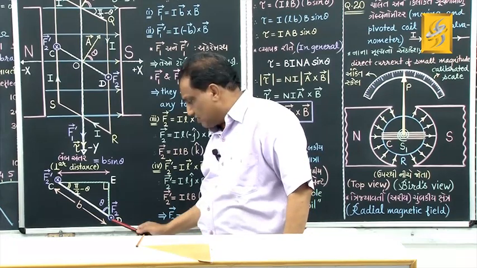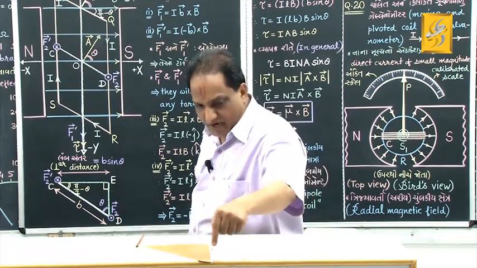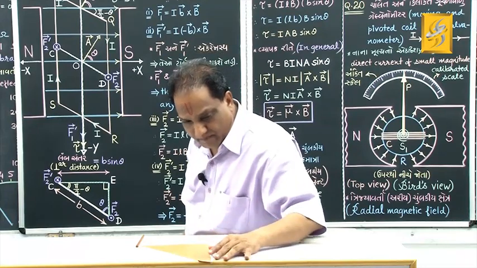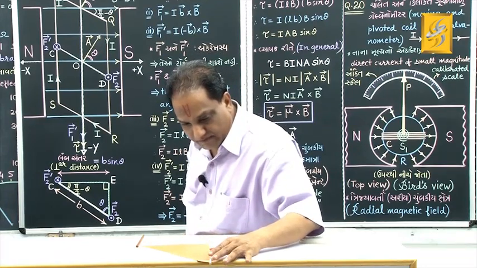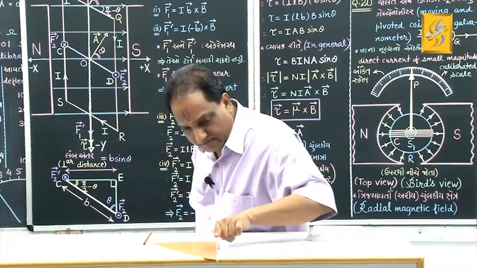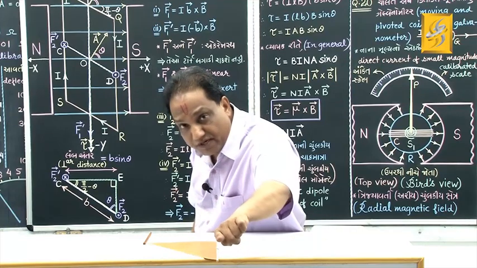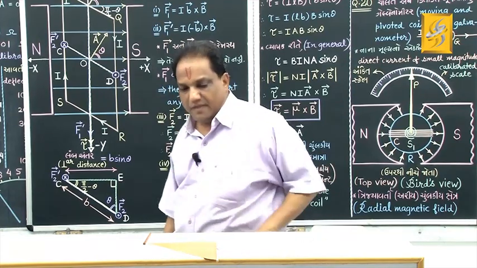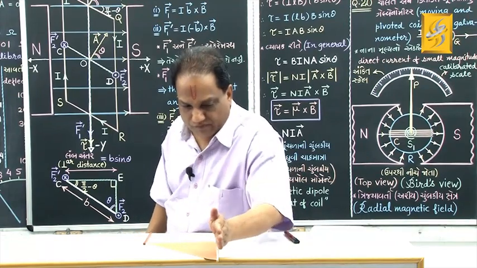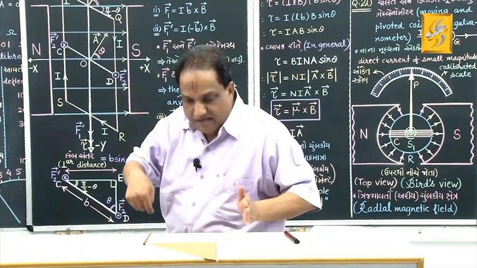Perpendicularly outside. So symbol of dot. So at point D, the direction of vector F2 is perpendicularly outside. Correct? Got it? Fine. This is the direction of vector F2. This is the direction of vector F2 dash.